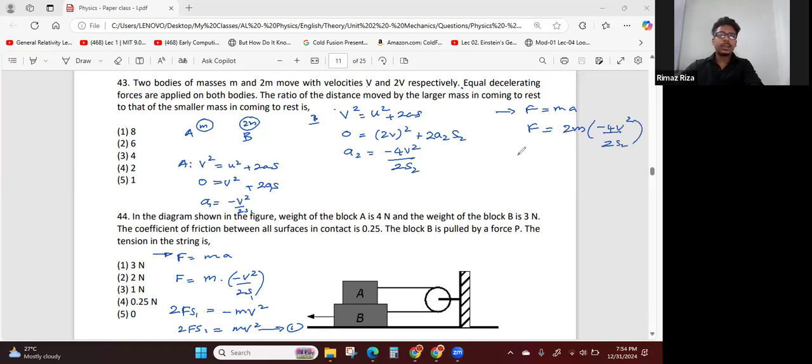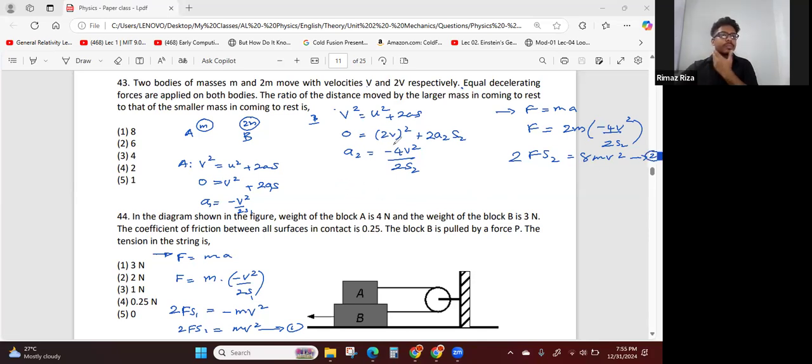Then we get 2 times F times s2 equals, considering only the magnitude, so I get rid of the minus sign, 8mv squared. So this is equation number 2.